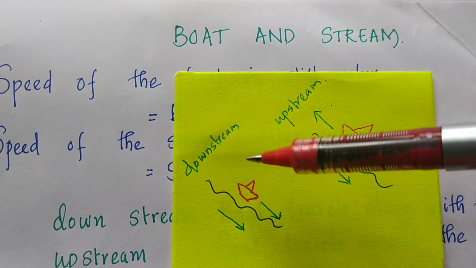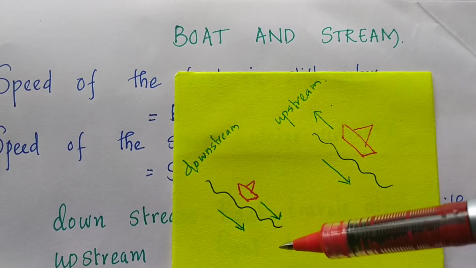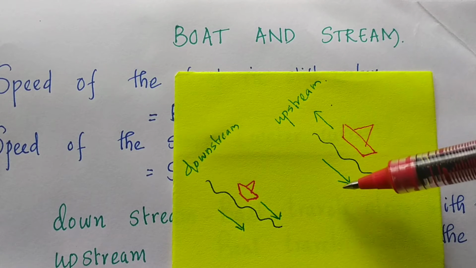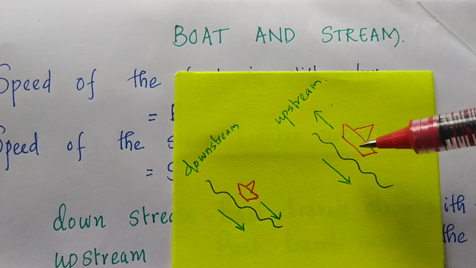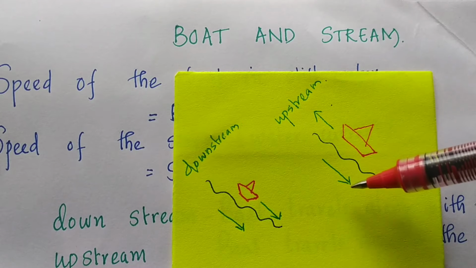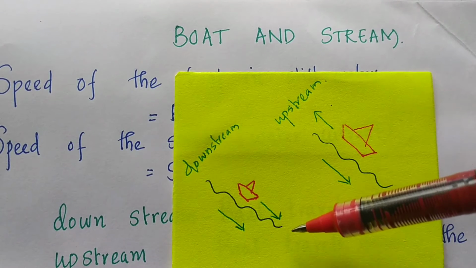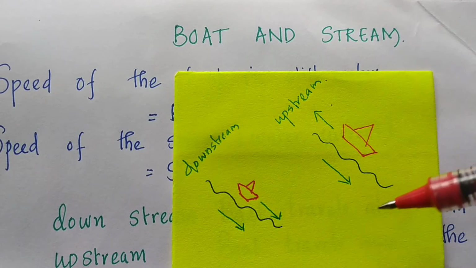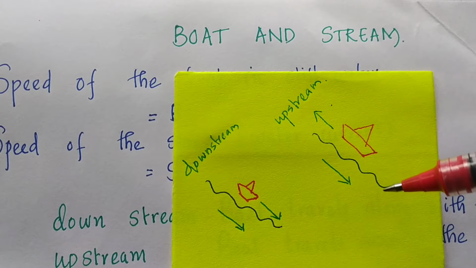So in downstream motion, the river and the boat travel in the same direction. In upstream, the river flows in this direction and the boat goes in the direction opposite to the flow of river. That is, the direction will be opposite. Here the boat travels along with the stream flow, and here the boat travels against the stream flow.